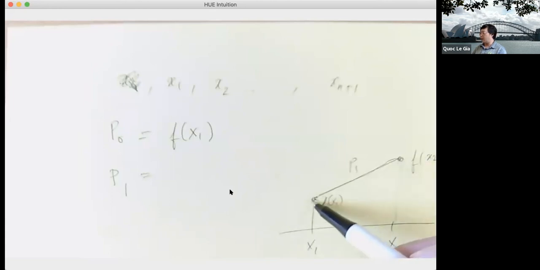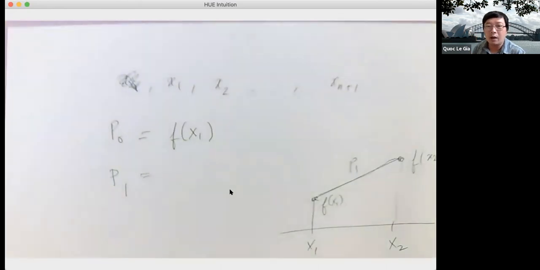So it goes through f of x1 and through f of x2. So how do you write a line that goes through 2 points? x1, f of x1, and x2, f of x2. So what is the general equation of a line that goes through 2 points? Anyone?